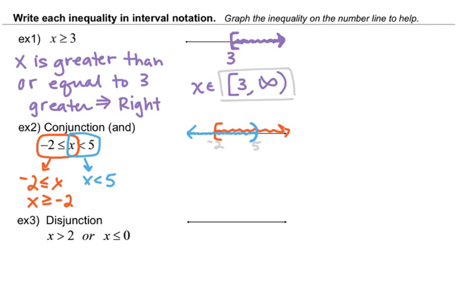So in this situation, my solution set is where x is in both of these intervals simultaneously. So the solution here is x is in the set from -2 to +5. And we draw a bracket at -2 since we can be equal to that, and a parenthesis at 5 because we cannot touch that.